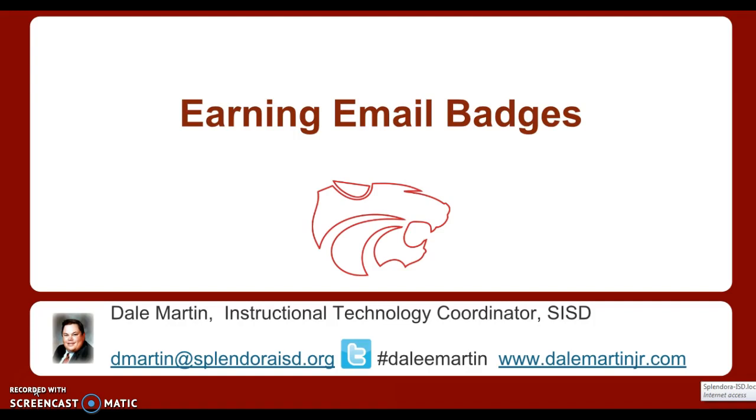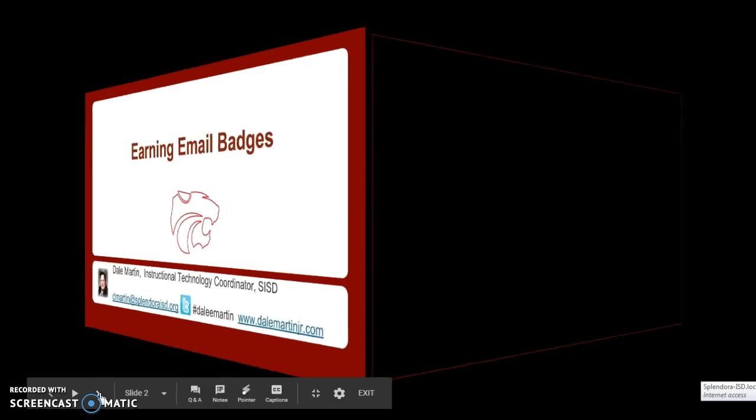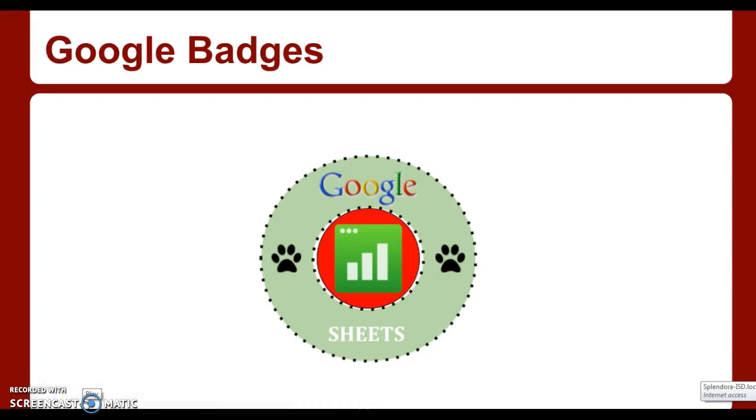Today we're going to talk about earning your email badges that you can put at the bottom of your email signature. Let's take a look at one real quick. So this is what they look like. They're much smaller than this. They go at the bottom of your signature, but we've just blown this one up so you can see it.